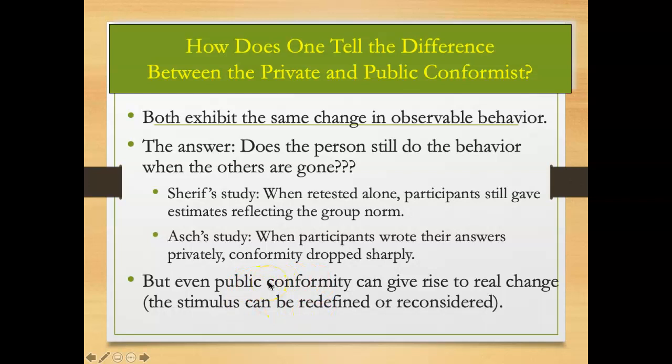So you can get real change out of public conformity situations because of these processes involving attributions, dissonance reduction, discomfort with seeing something or believing something in one way, even though others are seeing it differently. So the line between public and private, or the effects on behavior, is a little blurry, but basically that's how we tell the difference between public and private conformity.